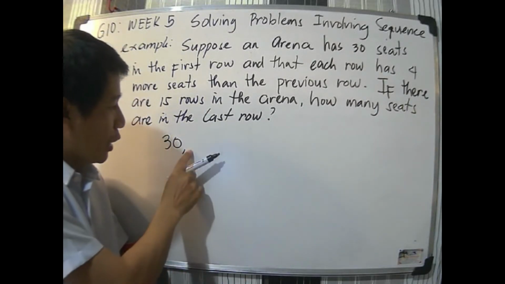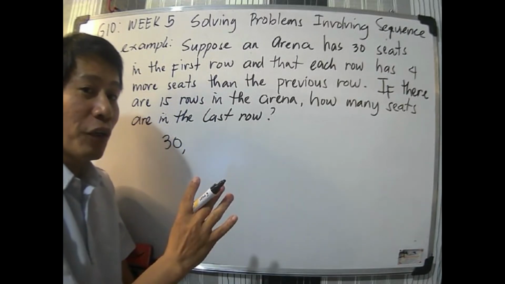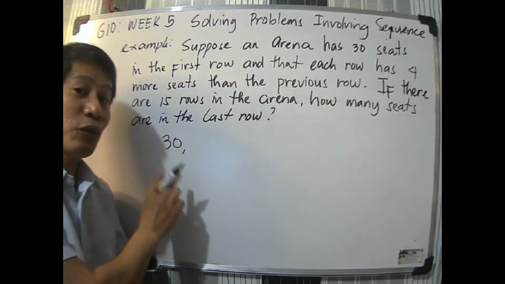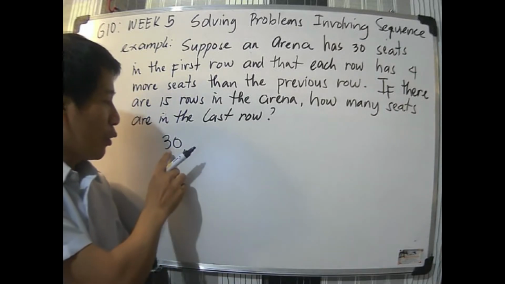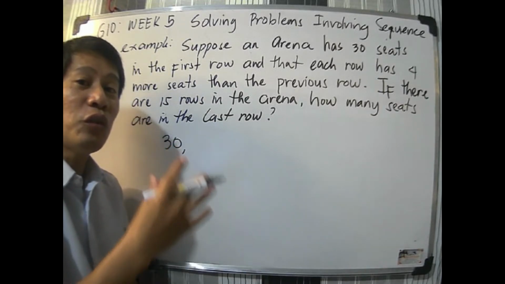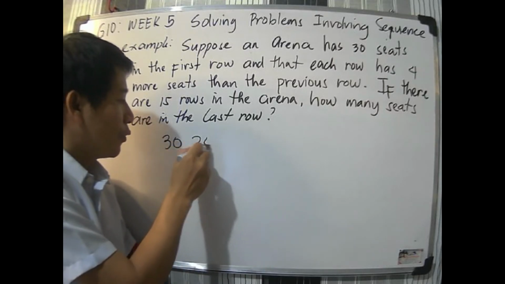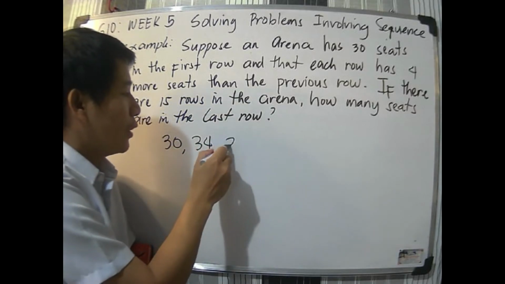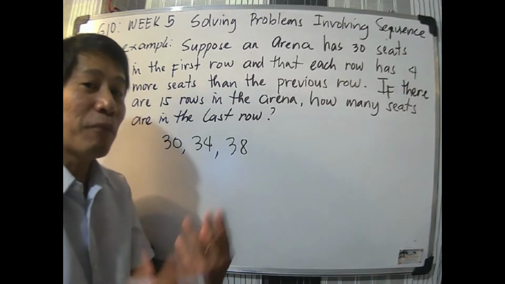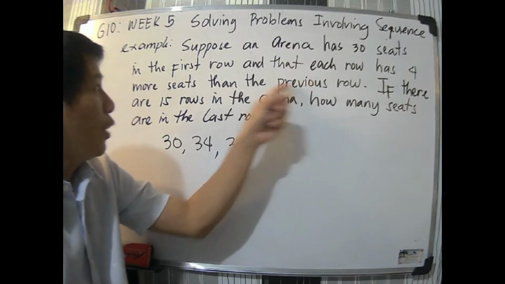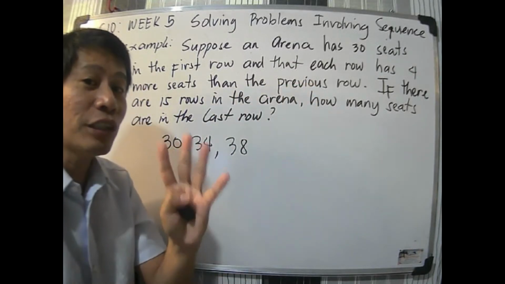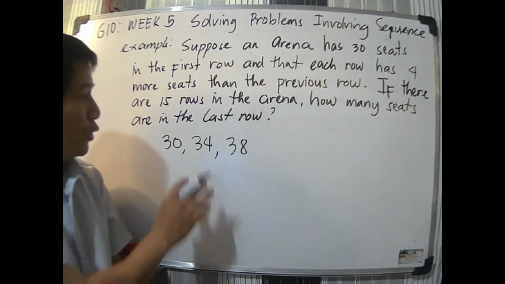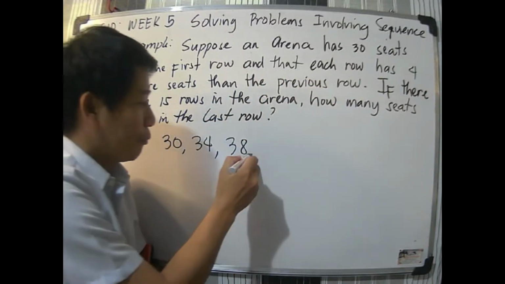Kaya, kung ang first row ay 30, yung susunod na row ay 34. Right? At yung susunod ay 38, kasi each row has 4 more seats than the previous row.